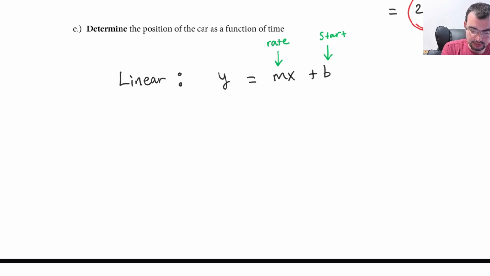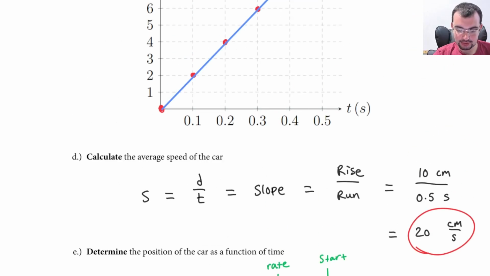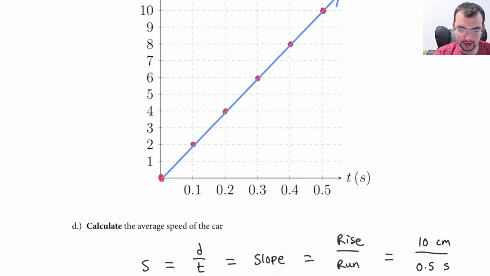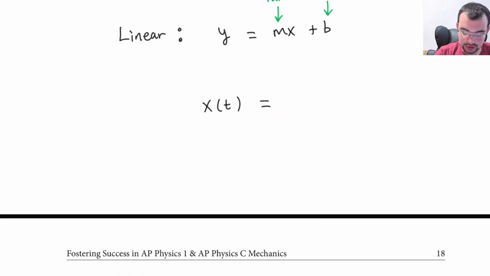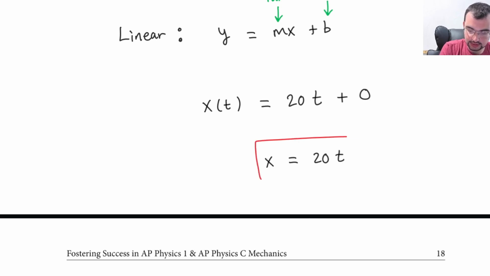In this case, we're modeling x of t, not y. So the position, x of t, is equal to, what's the rate? Well, the rate is the slope of our line, which we just said was 20 centimeters per second. And where did we start? 0. So we can write the relationship that the position x is just 20 times t.